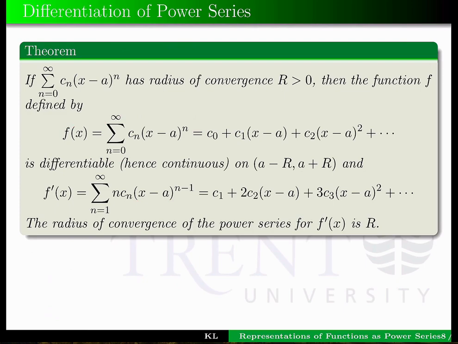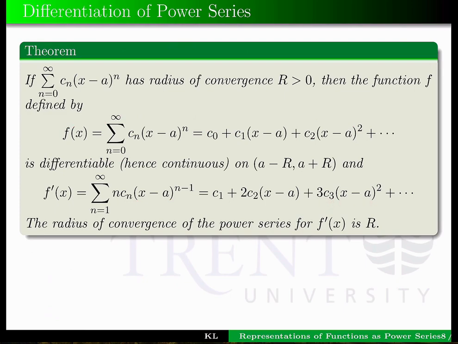Derivative of c sub 0, it's constant, so that will be 0. Derivative of c1 times x minus a is just c1. Derivative of c2 times x minus a squared, the 2 will go down, that's why you see the 2 here. C2 is still there, and then you have your x minus a. For the next one, cube, the 3 will go down, C3 is still there, x minus a will have a reduced power.